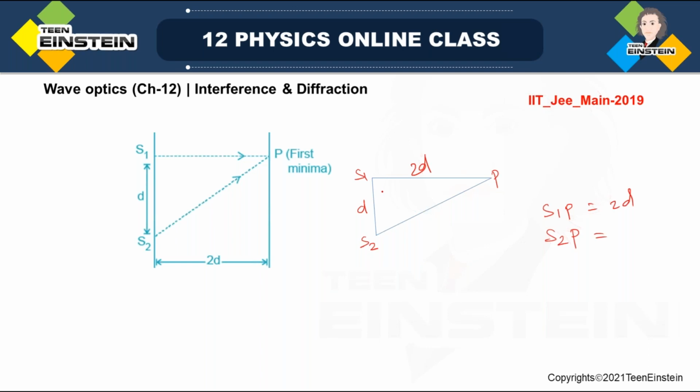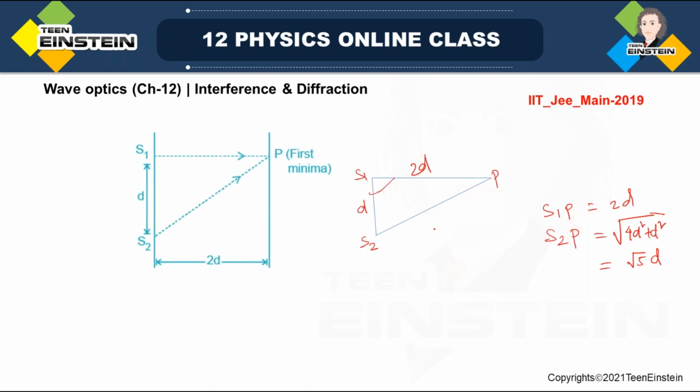If you think of a right angle triangle where this is the 90-degree angle, this is the hypotenuse. So it will be the square root of 4D square plus D square. So it would give you root 5 D. Okay, root 5 D.